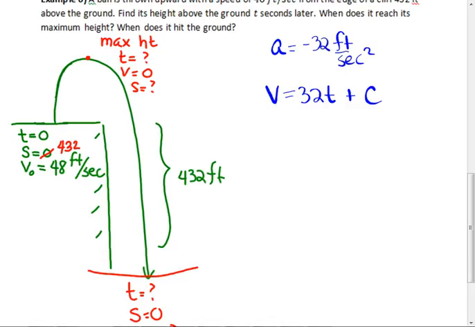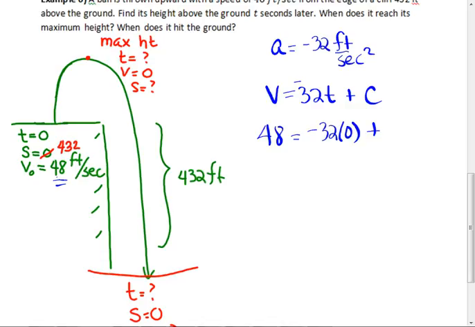So when t is equal to 0, what's my velocity? I have it right here. The ordered pair is t is 0, what's the velocity? 48. So 48, sorry, pardon? Is equal to negative 32 times 0 plus c. On the AP exam, yes, I would expect to see this work.